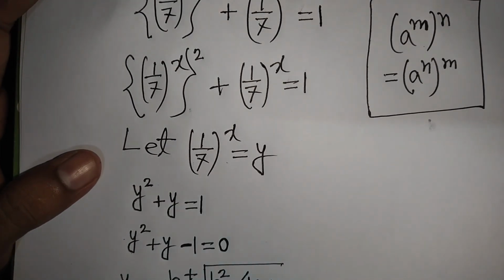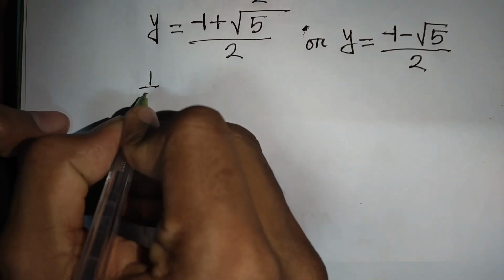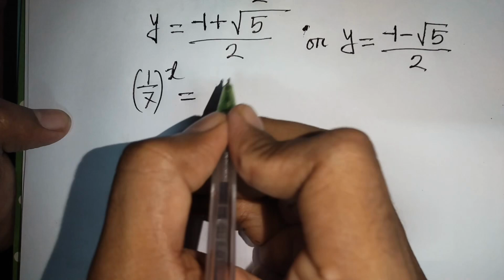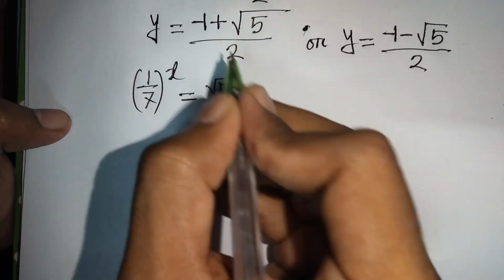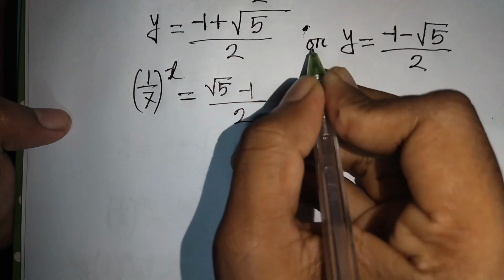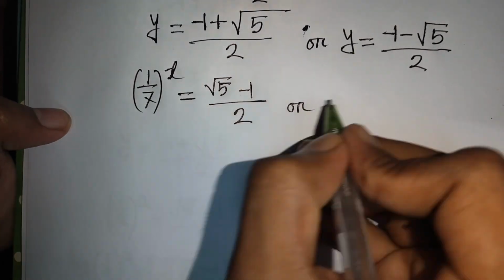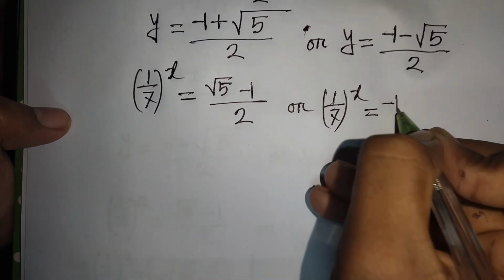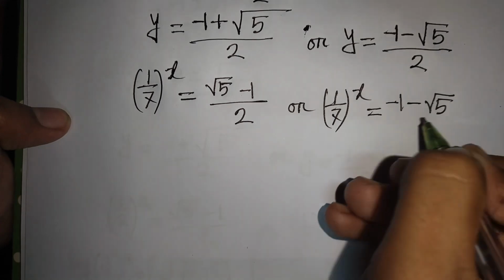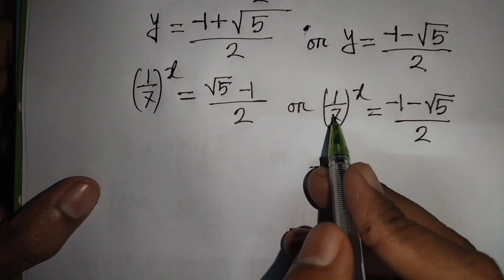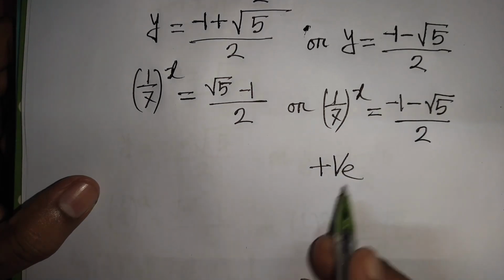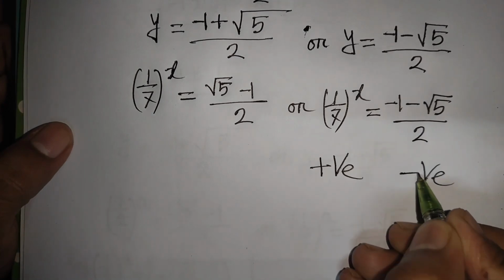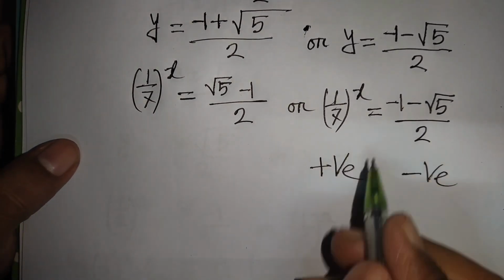So y, that means 1 by 7 bracket power x, is equal to square root of 5 minus 1 divided by 2, or 1 by 7 bracket power x is equal to minus 1 minus the square root of 5 divided by 2. 1 by 7 bracket power any number is always positive, but minus 1 minus the square root of 5 divided by 2 must be negative. So positive cannot be equal to negative, so this is rejected.